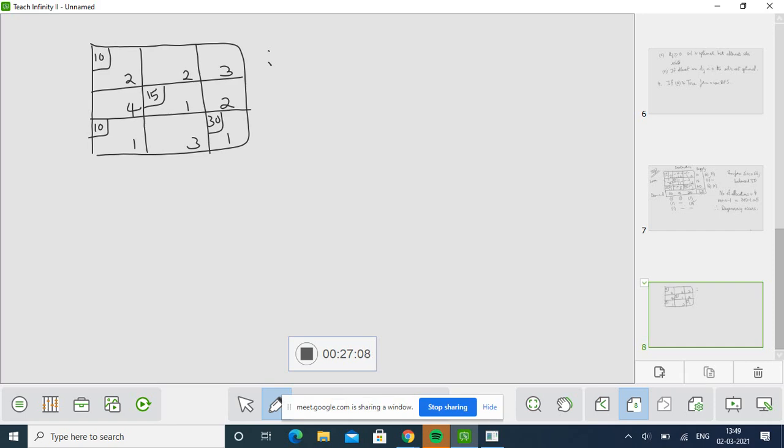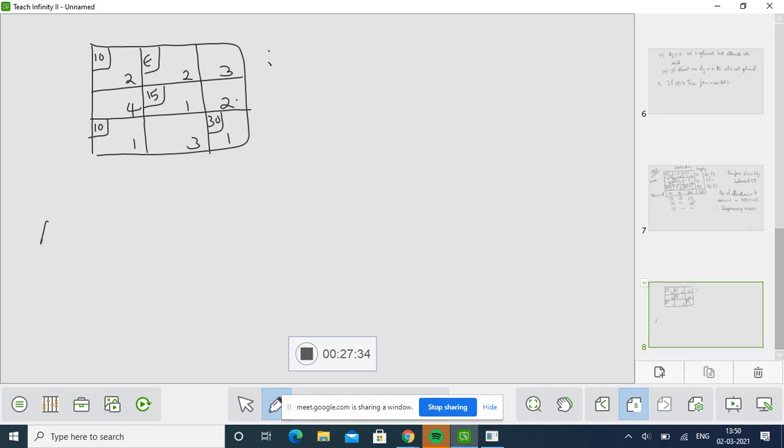Similarly, third row, second cell. So the minimum value that is there is 4, 2, 3. Minimum is 2. Either you can choose this 2 or you can choose the other 2. It is your choice. I am choosing this 2. Okay, if anybody wants to choose this other 2, go ahead, no problem. 2 is minimum. I have allocated an epsilon to this cell.